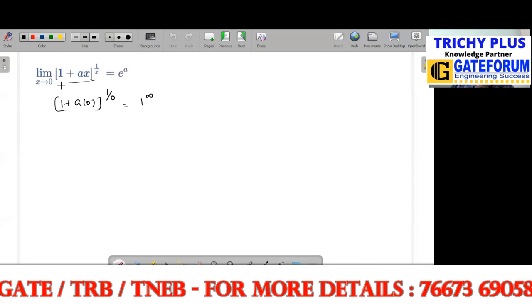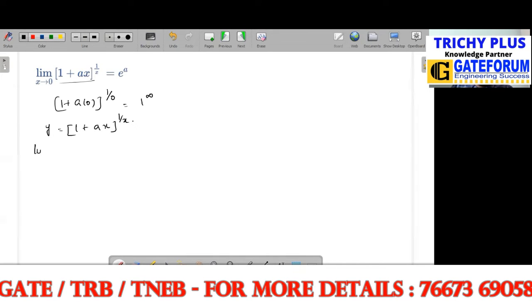So what I'm going to do is take this function as y, that is, 1 plus ax whole power 1 by x. Again, it has x in the power, and I don't want to keep powers in power. So I can go with the log.